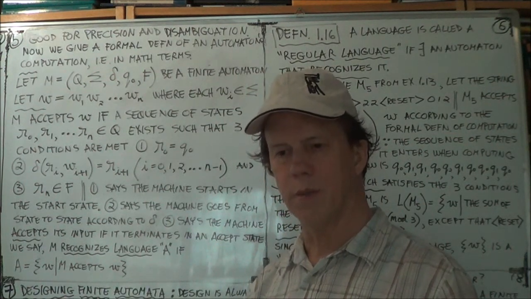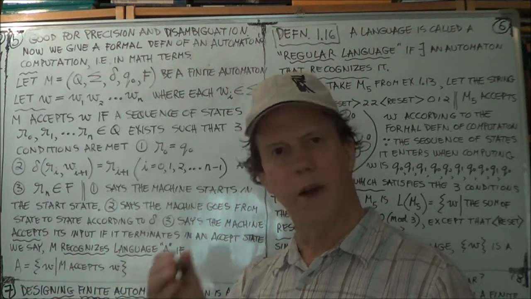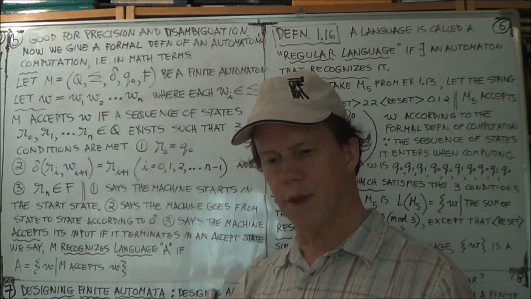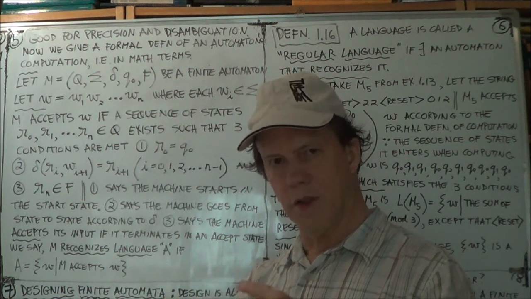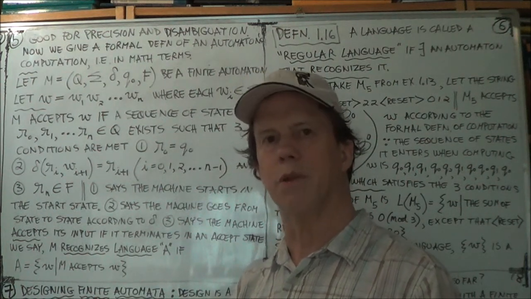And the automaton, what's it doing? It looks at each symbol one at a time, sequentially, and for each symbol that it looks at, it consults its transition function, its transition table, if you like.